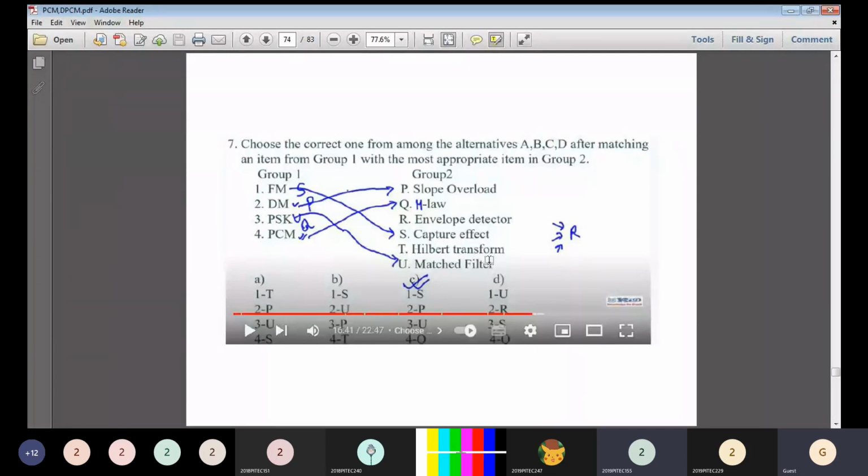So what is the third one abbreviation? FM is related with capture effect, and second one delta modulation is related with slope overload. Third one PSK is related with matched filter. PCM is related with Mu-law compression technique.